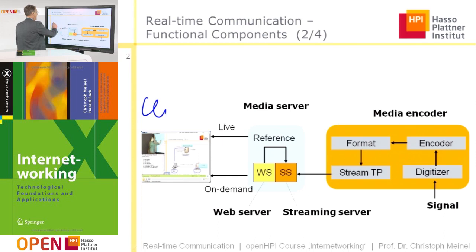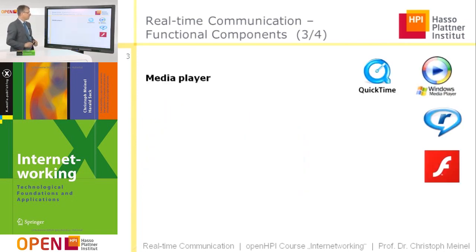Here we have the client, the media client, and it can request on-demand data, or it can request live data. The media client first corresponds with the web server. The web server gives meta information about this multimedia data, and then, after a request by the client, hands over the transmission of the streaming data, which is performed by the streaming server.